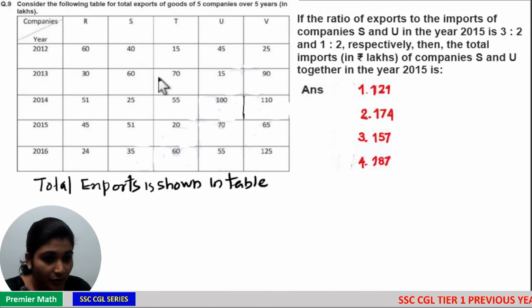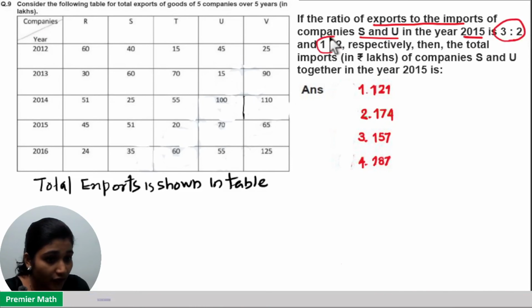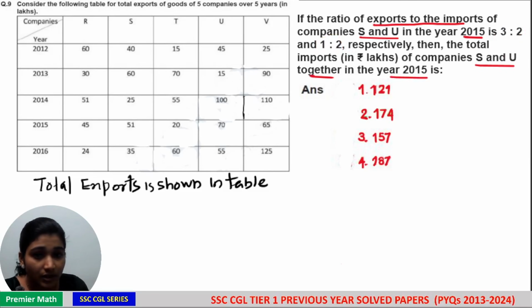Here total export is shown in the table. If the ratio of export to import of companies S and U in the year 2015 is 3:2 and 1:2 respectively, then what is the total import of companies S and U together in the year 2015?